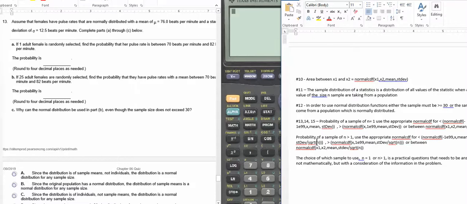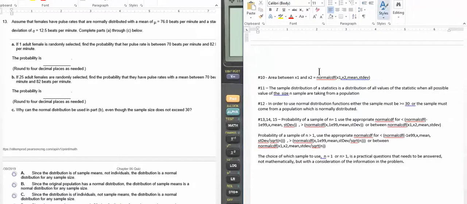So 13, 14, and 15 are very important, and I want to call your attention to them because of what happens. There's two parts to these problems. The first part is the probability when the sample is of size 1, in which case it's going to be exactly like all the problems that we've done in the second video.